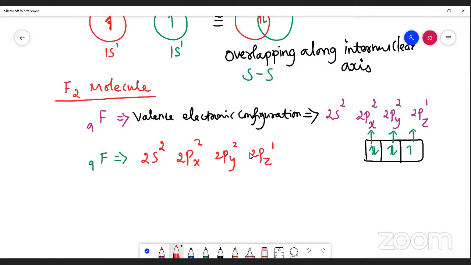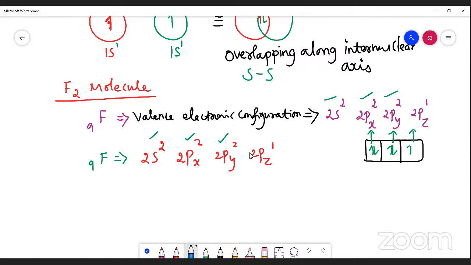If you take this configuration here, the 2s and the 2s are completely filled. There is no unpaired electron. The 2px of one atomic orbital and the 2px of the second atomic orbital are completely filled. There is no unpaired electron. The 2py of the first fluorine atomic orbital and the 2py of the second are also completely filled. There is no unpaired electron.